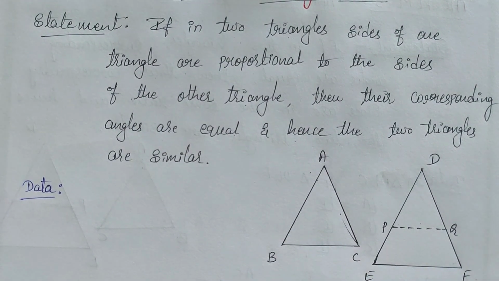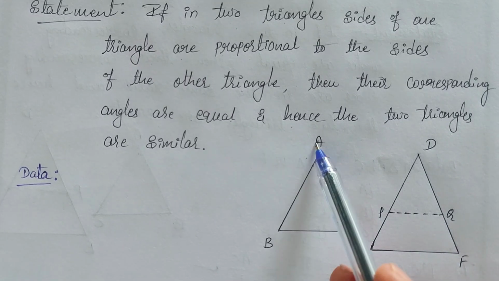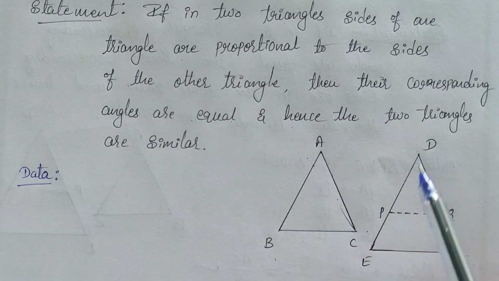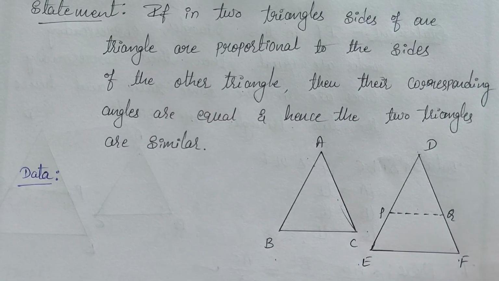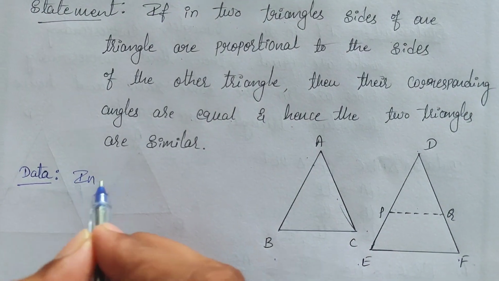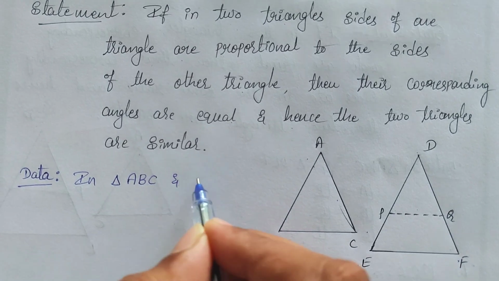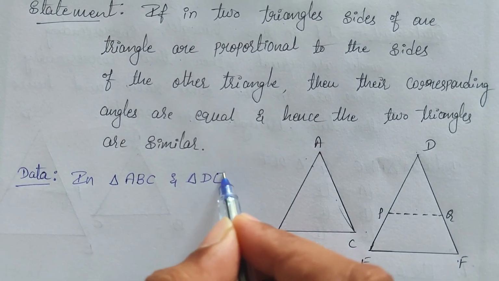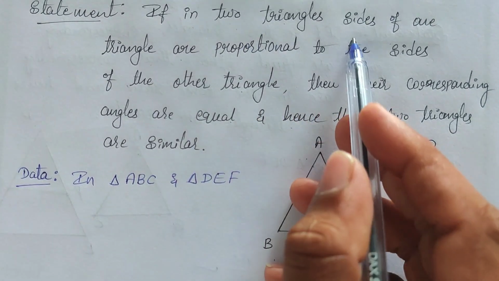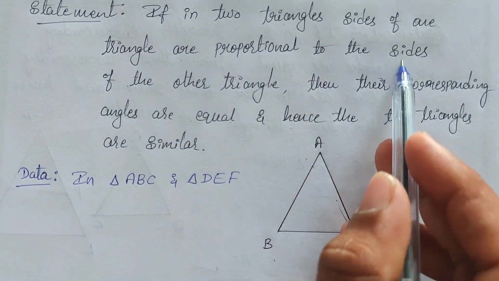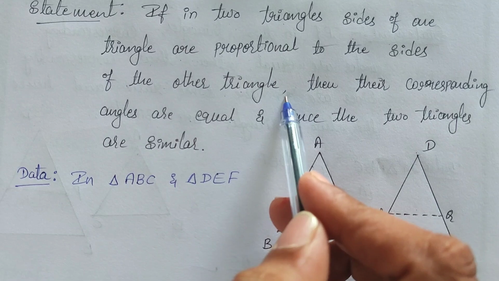You can see these two triangles, triangle ABC and another triangle DEF. So I will write here: in triangle ABC and triangle DEF. If in two triangles the sides of one triangle are proportional to the sides of the other triangle. This is the first part.